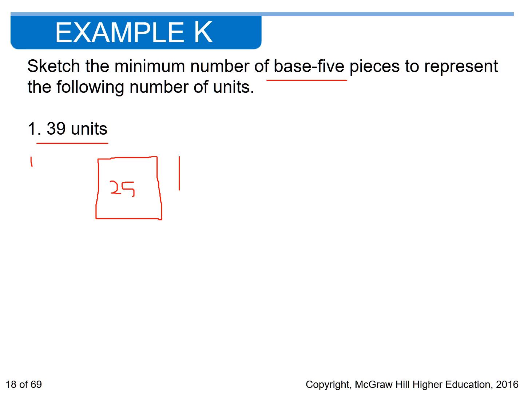If I add a long, there's 5 more, so that's 30. Add 5 more is 35. And now I have 4 left, which can only be written as units.